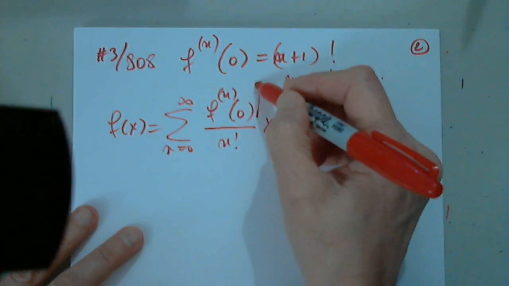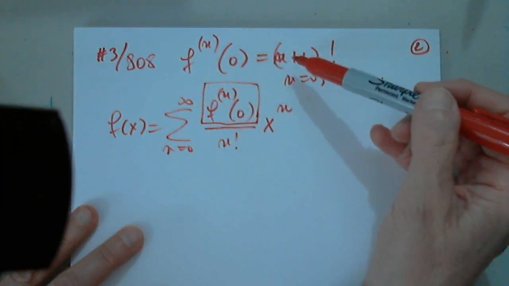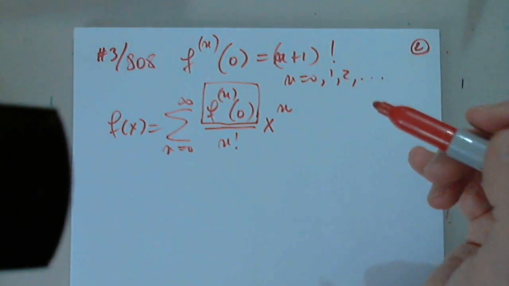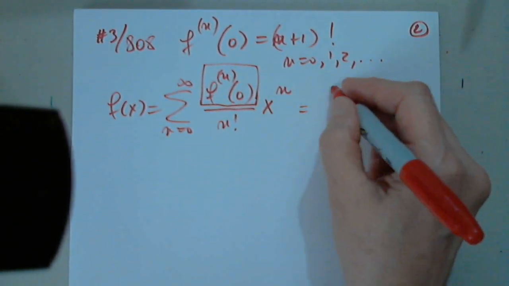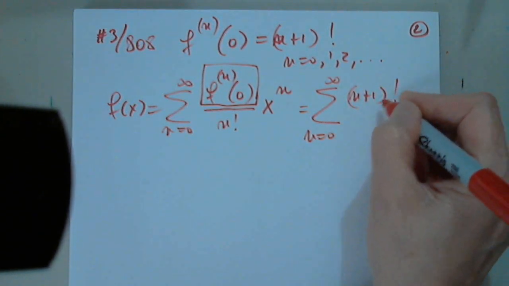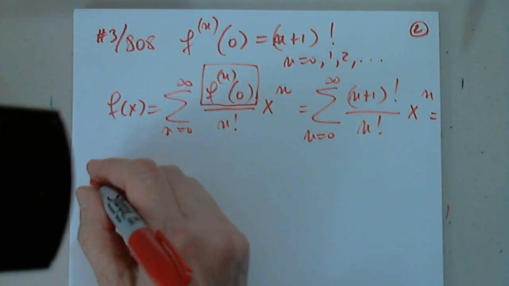We are given this piece. As you see, the nth derivative at 0 is n plus 1 factorial. So what we're going to do is just replace it and see what happens. So the sum from n equals 0 to infinity of n plus 1 factorial over n factorial times x to the nth power. And now let's see.